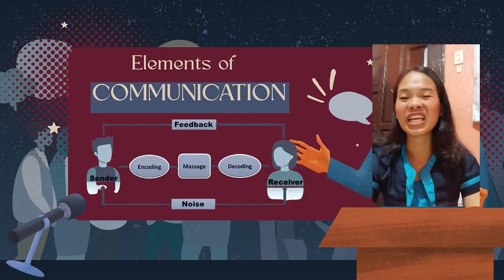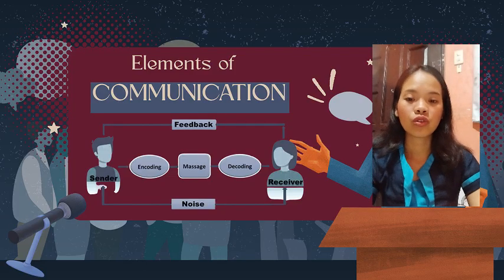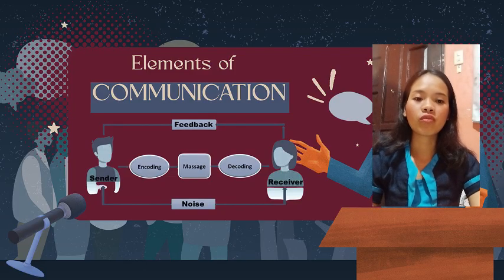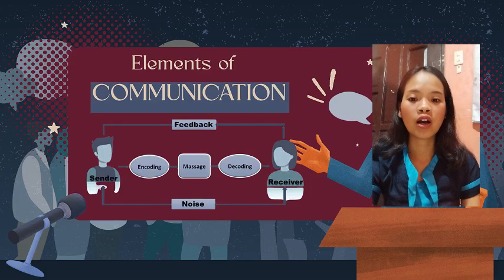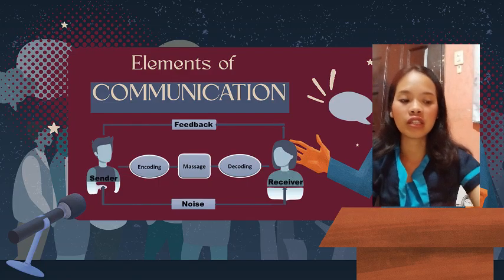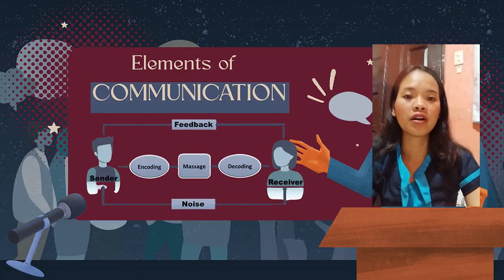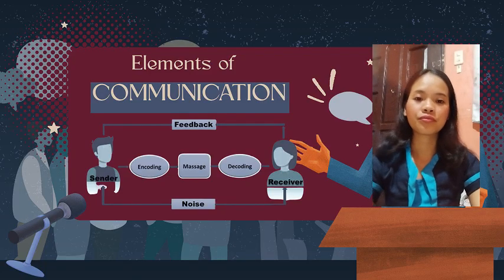It could be through letters, radio, or a video presentation. How I've shared my idea to you is through a video presentation. That is an example of media, and how I deliver it to you is through words. So words are an example of encoding.